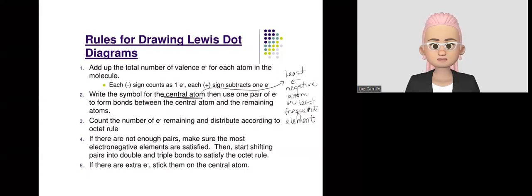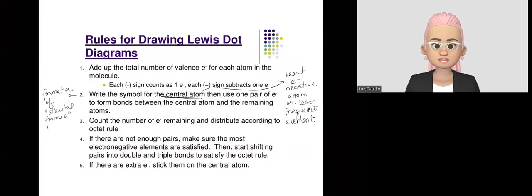Now we have built that skeletal formula. That's what step 2 is. We're going to count the number of electrons remaining, and we're going to distribute them according to the octet rule. Understand that the majority of the elements want to have an octet. In a moment, we're going to talk about the ones that do not.